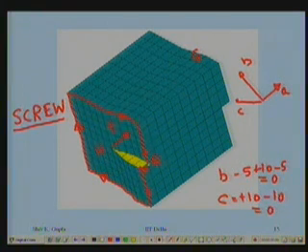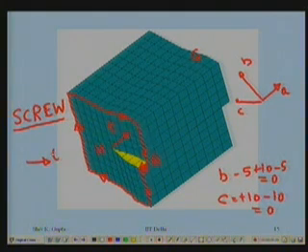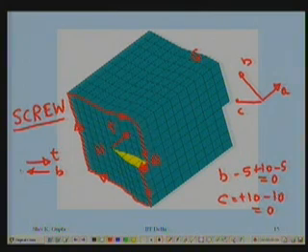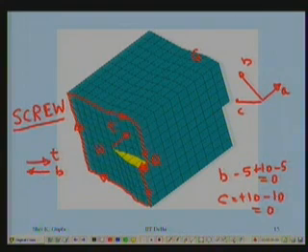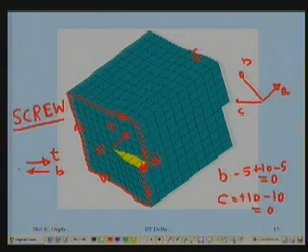Burgers vector is Q to P. So I got the T vector like this, and I got the B vector like this. See, they are parallel. The direction is opposite, anti-parallel, right. So T and B are facing opposite, but they are parallel. That's the characteristic of the screw dislocation: that the B vector and the T vector are parallel to each other.